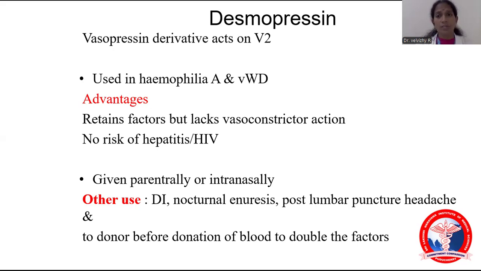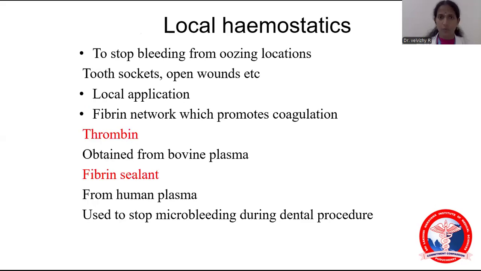Whereas desmopressin is an injection that stimulates these factors, so there is no risk of transmission of hepatitis or HIV. Desmopressin can be given parenterally or intranasally. The other uses of desmopressin are diabetes insipidus, nocturnal enuresis, and post-lumbar puncture headache also.